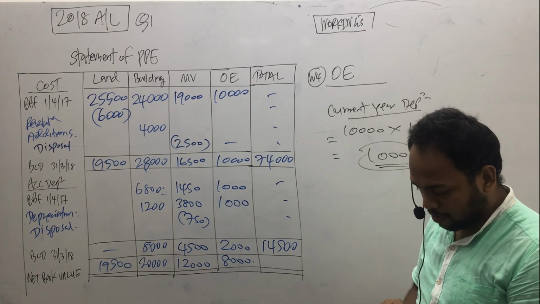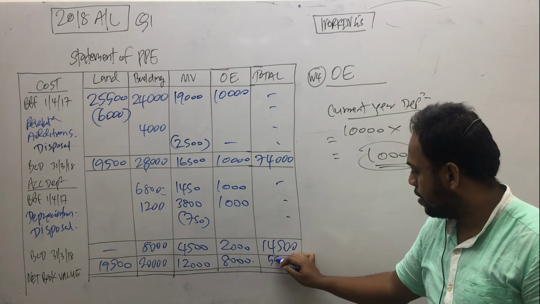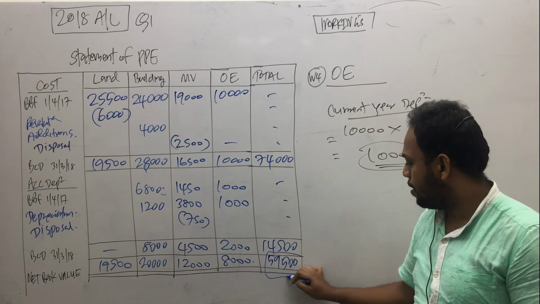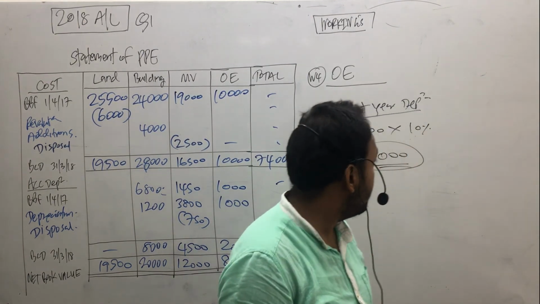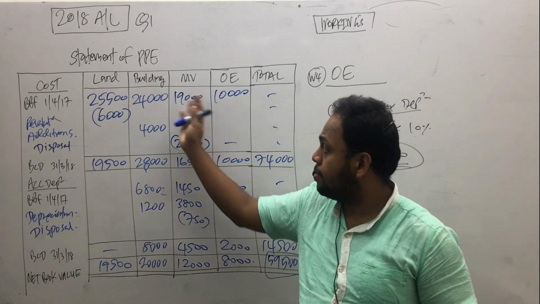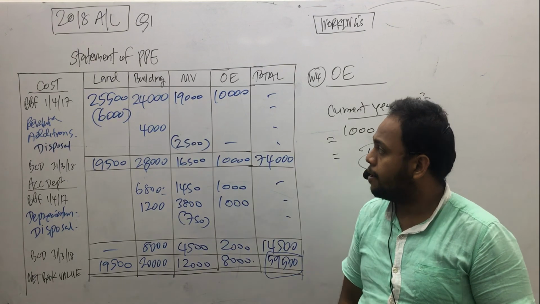Then 74,000 minus 14,500 is 59,500. Right? So you can prepare the statement of PPE in this method.